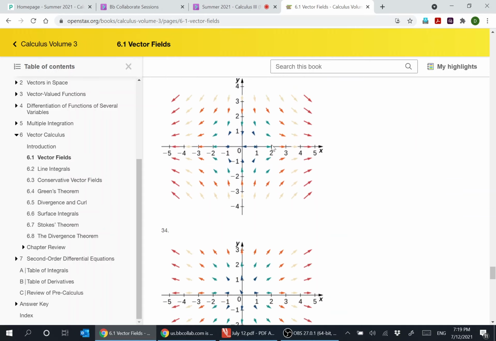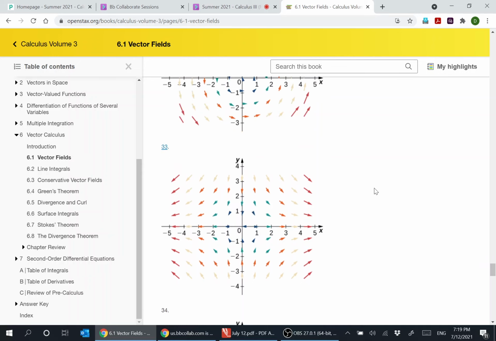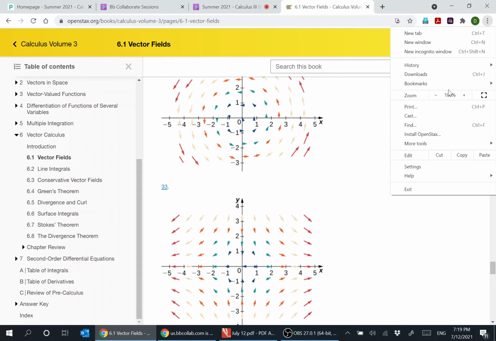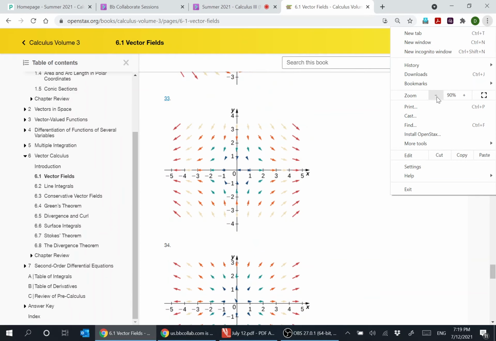Can I shrink this? I can't really, can I? There's no way to zoom out. Is there a way to zoom out? Zoom.